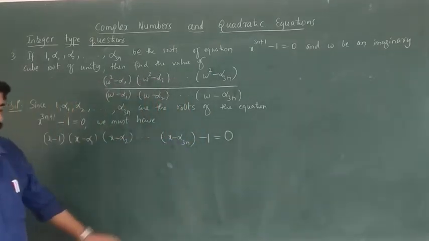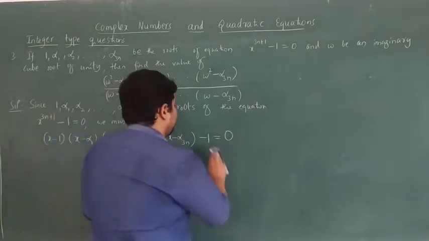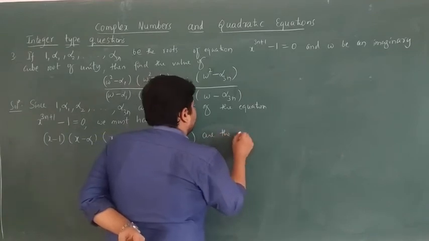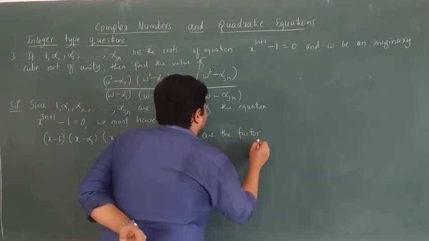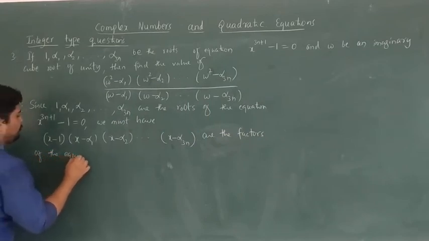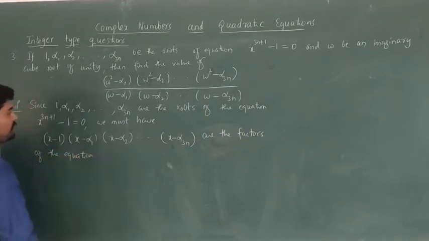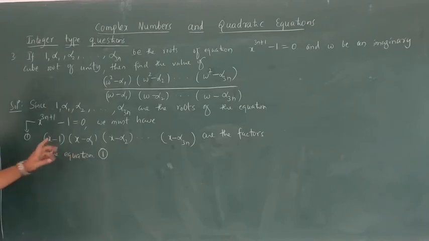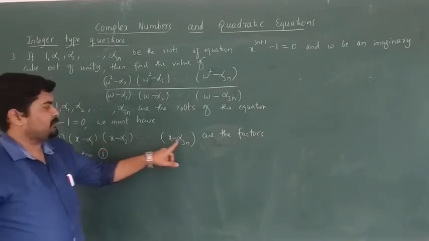Or you can consider these as the factors of the given equation. You may call this equation number 1, or you may call the product of these expressions must be equal to 1.